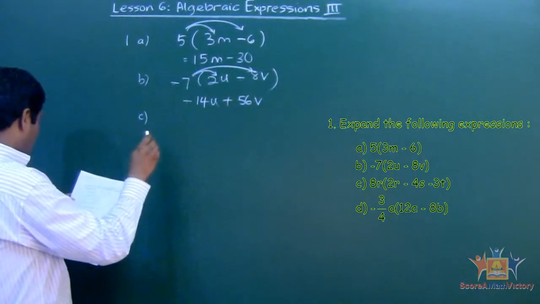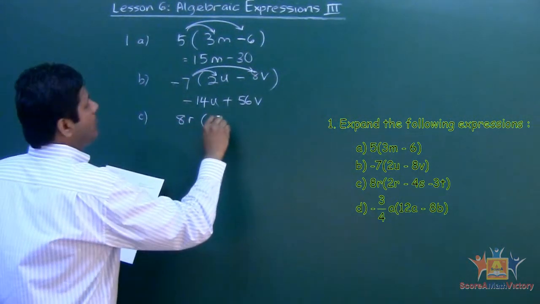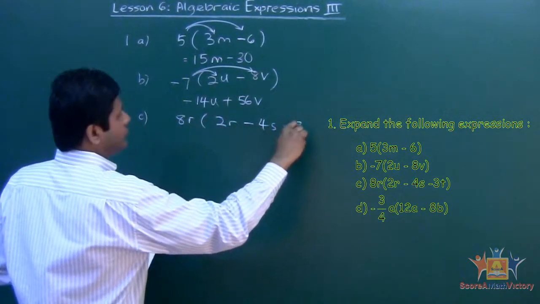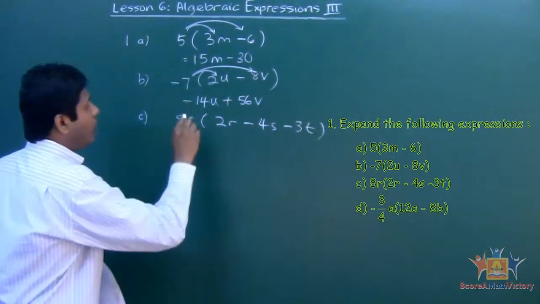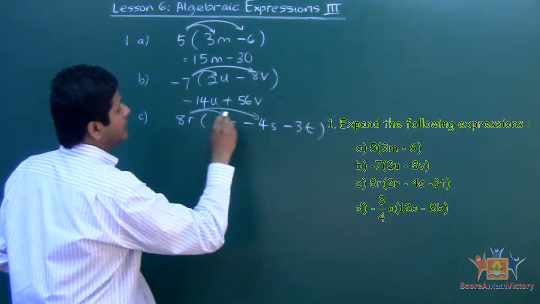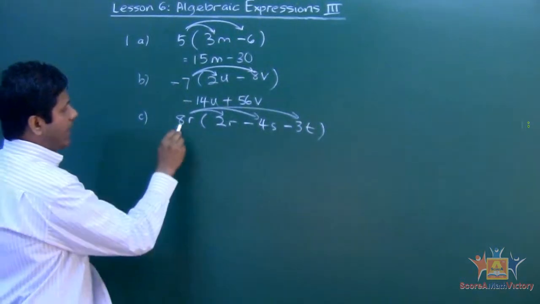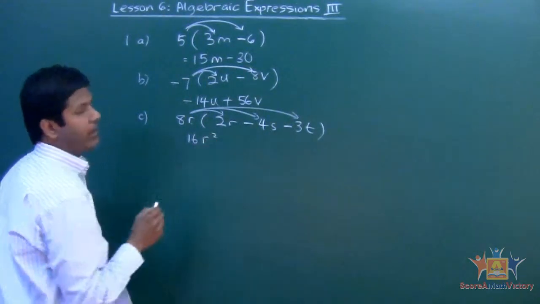C, you're given 8r and you're multiplying everything inside the bracket, which is 2r minus 4s minus 3t. There are 3 terms, so 3 family. All 3 of them are going to get 8r. See that? So each of them will get 8r. So 8 times 2, 16. r times r, r squared.